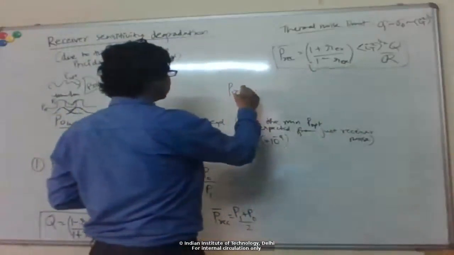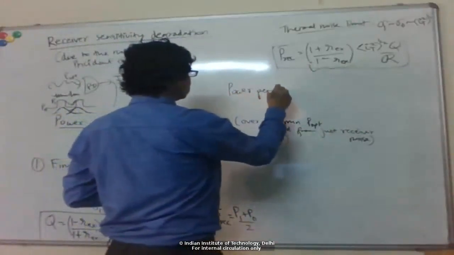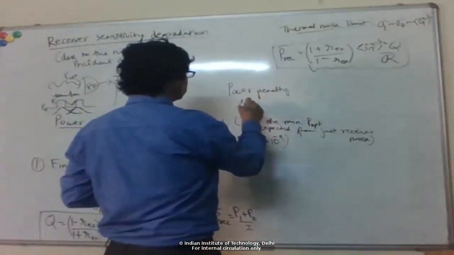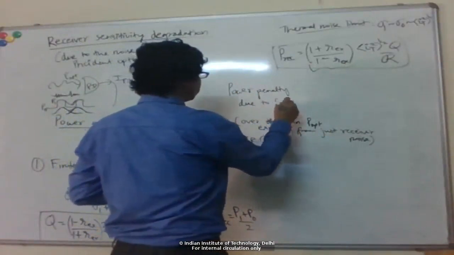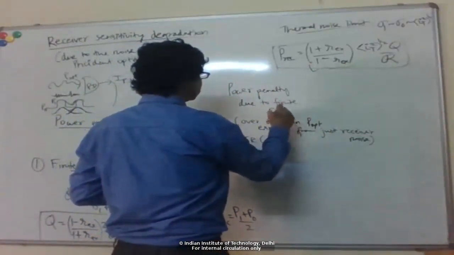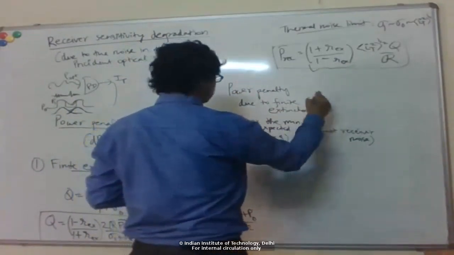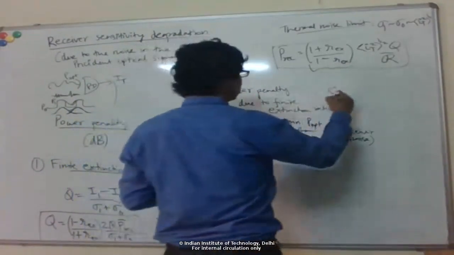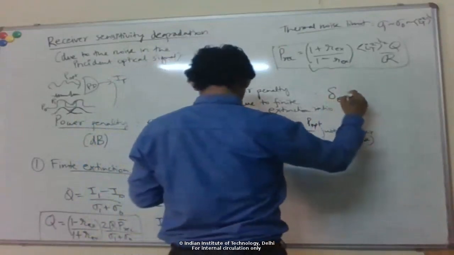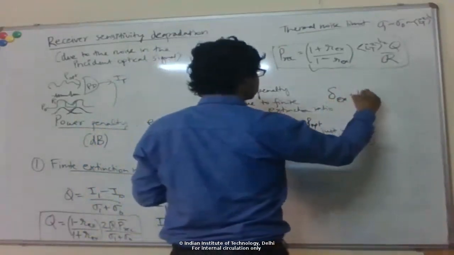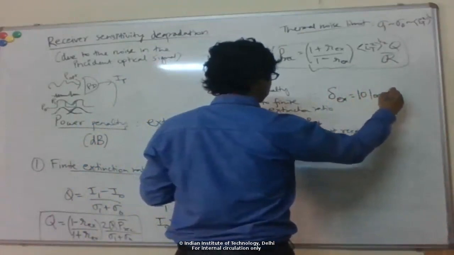So in dB, the power penalty due to finite extinction ratio is just 10 log 10 of this factor.